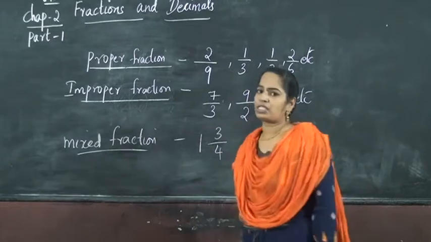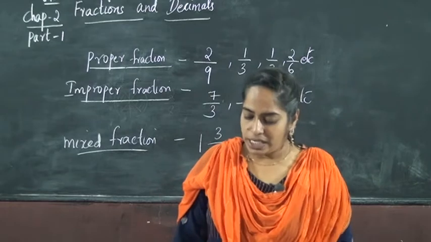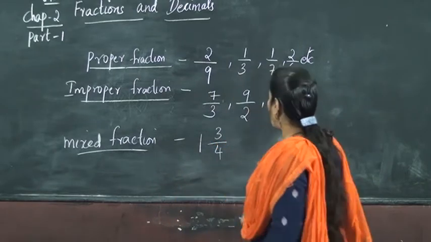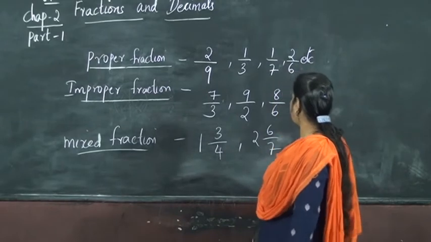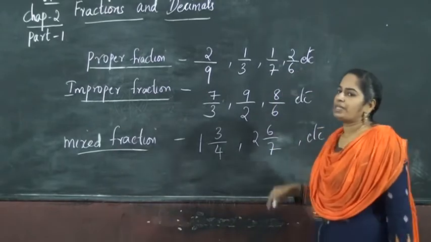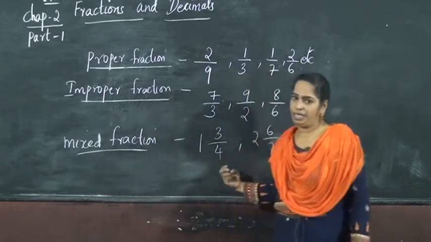This is a mixed fraction that we have already studied. Others are 1 3/4 or 2 6/7. The number and the fraction will both be there, isn't it?